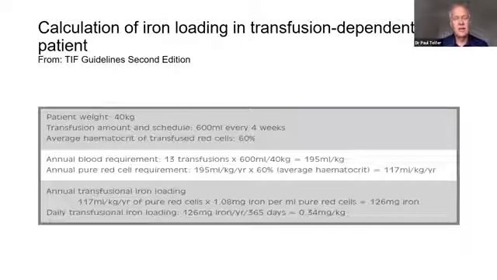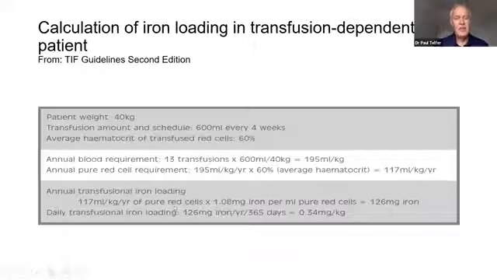And this is simply a calculation of the transfusional iron input based on the volume of blood and the hematocrit of blood and the patient's weight. And if you look in the TIF guidelines, I did actually have a look in the 3rd edition, which is the most recent edition, and I couldn't find this guide, but it's certainly there in the 2nd edition. But I would recommend it.